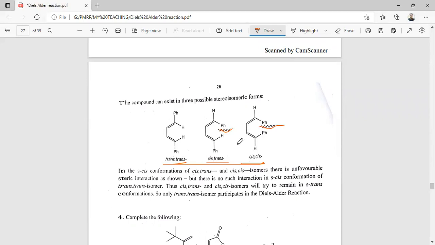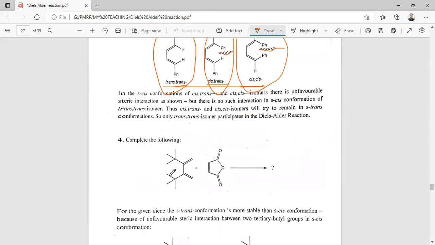So this is an unfavorable steric interaction. There is no such interaction in the trans,trans. So only this one reacts in the Diels Alder reaction, and these two did not participate in the Diels Alder reaction.